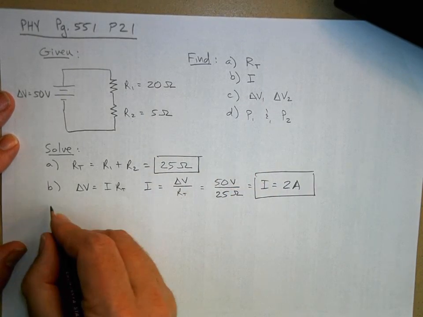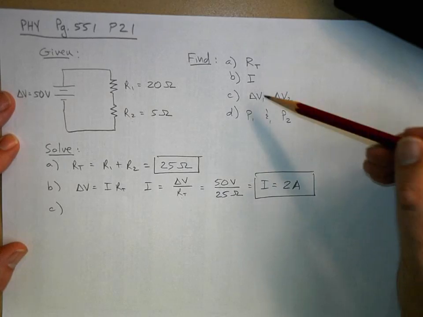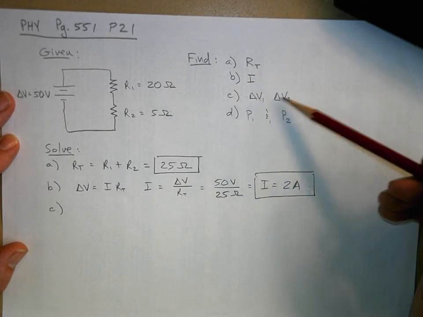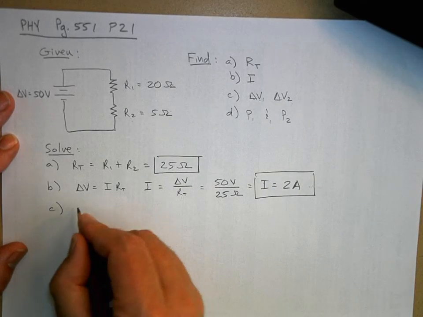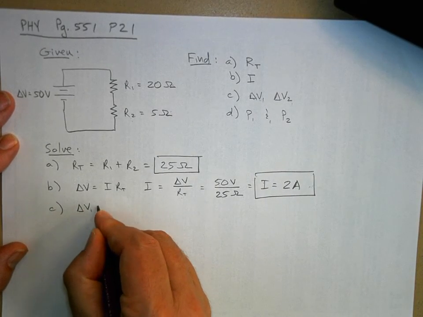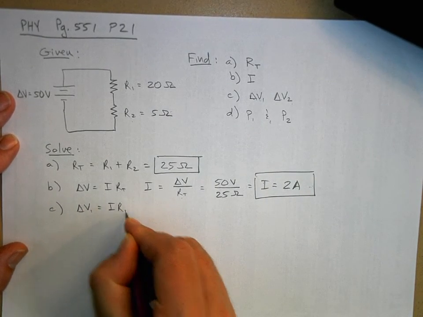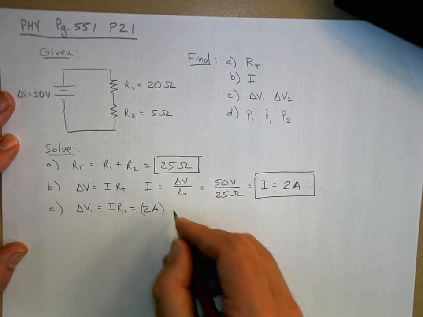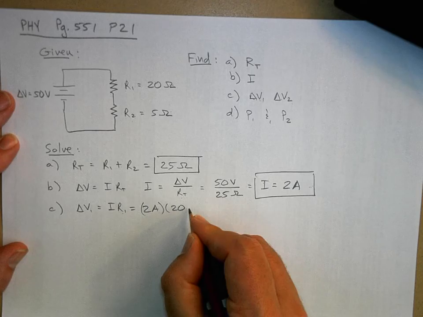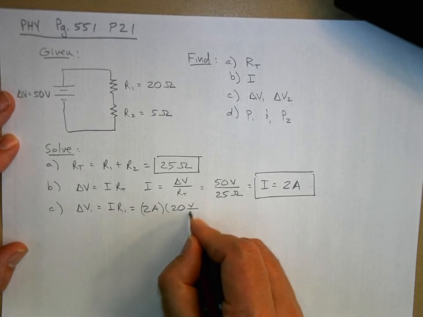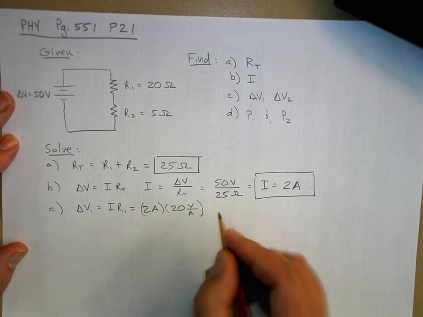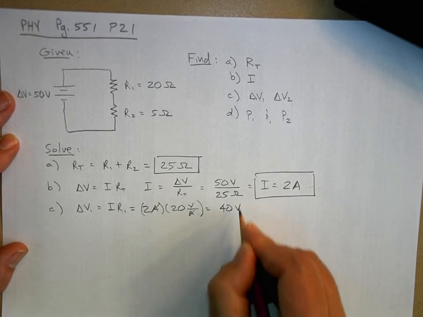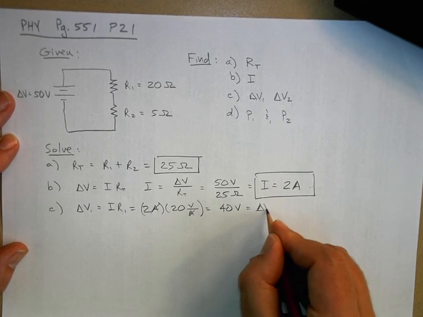And then part C, now that we know what the current is, and we know what the resistances are, we can figure out what the voltage drops are. So delta V1 equals I times R1. It's 2 amps for the whole circuit, and this is 20 ohms. And just for fun, I'll remind myself that an ohm is a volt per amp. That gives me 40 volts equals delta V1.